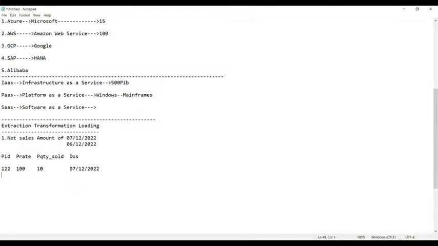The second line: product ID 123, product rate 200, quantity sold 10, date of sales 07/12/2022. Then the next one is 124.